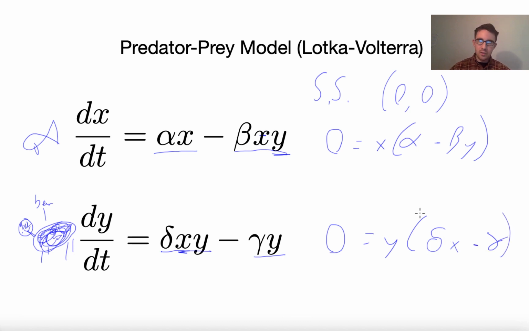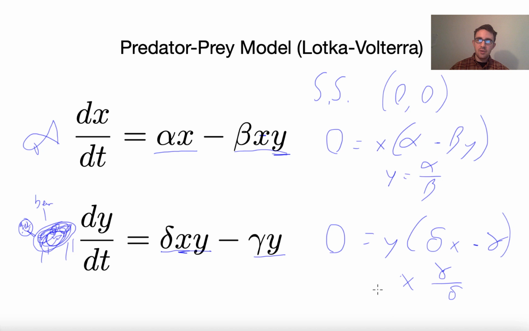And then we can think about how to make these sides 0 other than the trivial example of setting x and y equal to 0. The other solution is we can make y equal alpha over beta, and we can make x equal gamma over delta. Sorry, it's gamma over delta.